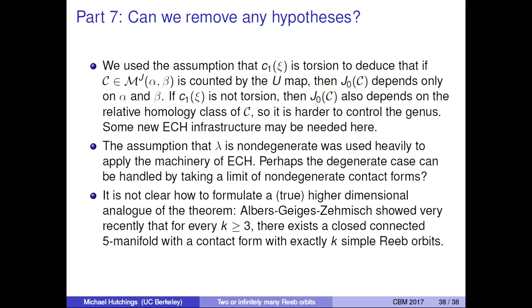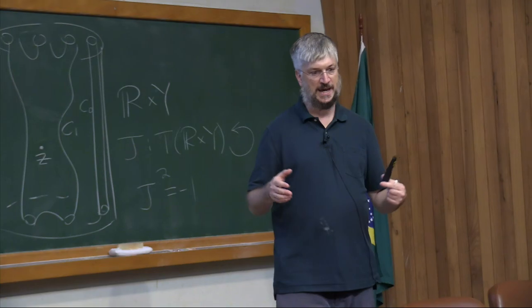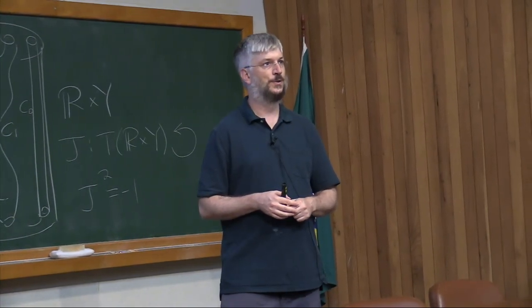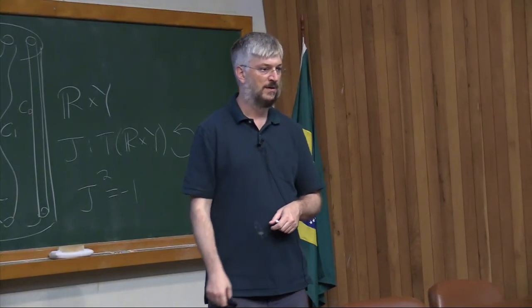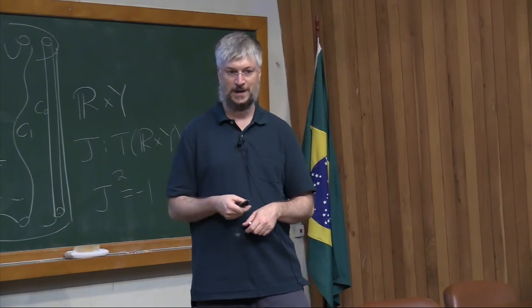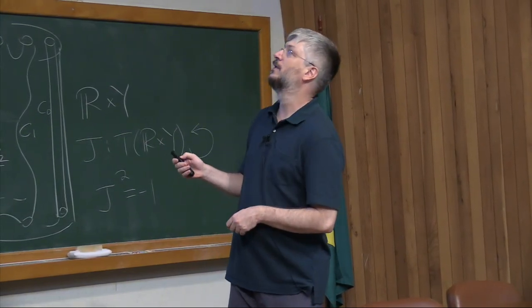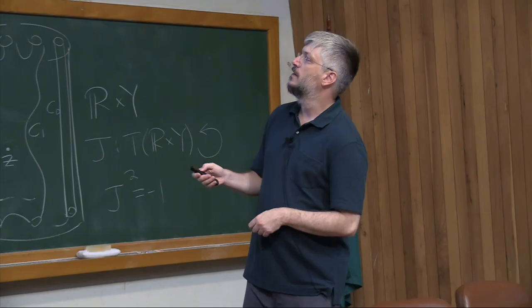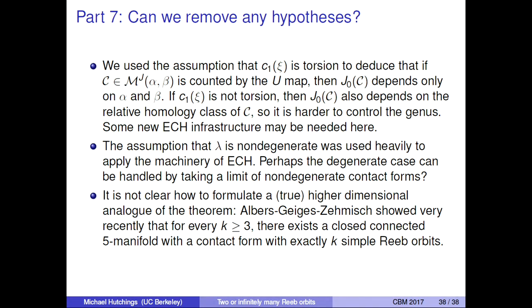So if I don't know that C1 is torsion, then I don't have any control over this J0, at least not without doing something more. And so I can't get a genus zero global surface of section. It's an interesting problem for future research to try to figure out what to do if you don't know that C1 is torsion. And the assumption that lambda is non-degenerate is used all the time in setting up the machinery.